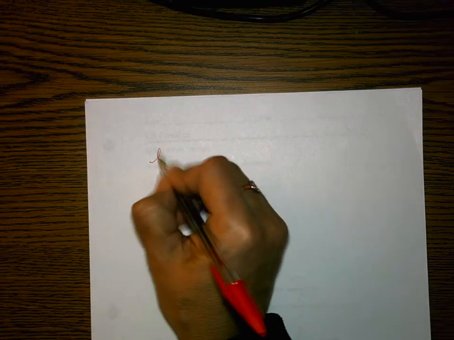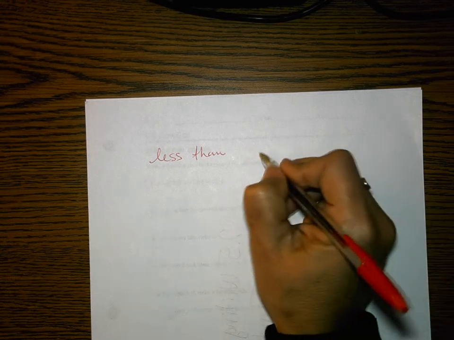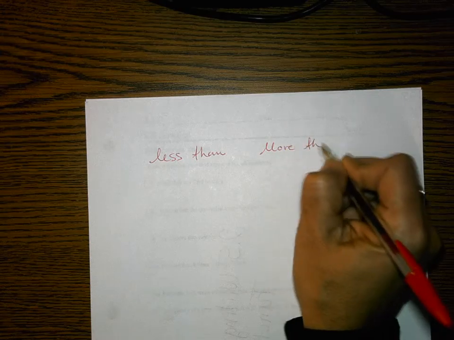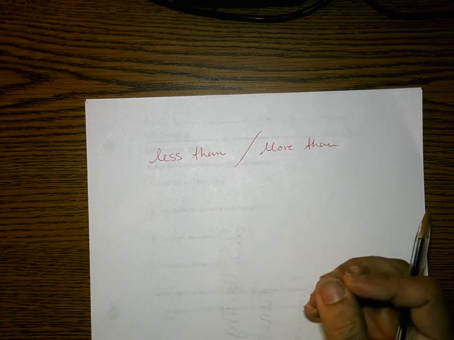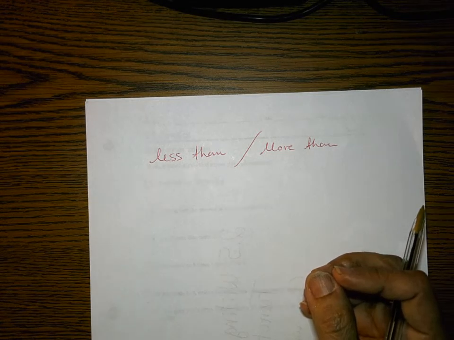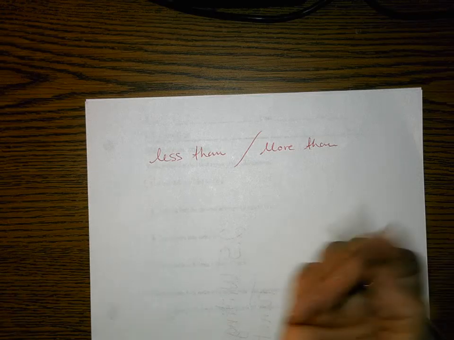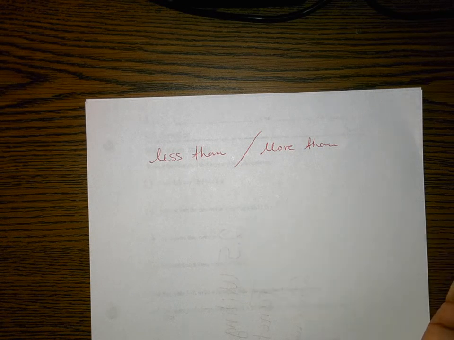Like I mentioned in class, when they use the words less than or more than, those are usually written at the end of a mathematical expression. If I say I am 5 years less than my sister, you would want to know my sister's age first and then subtract the 5.